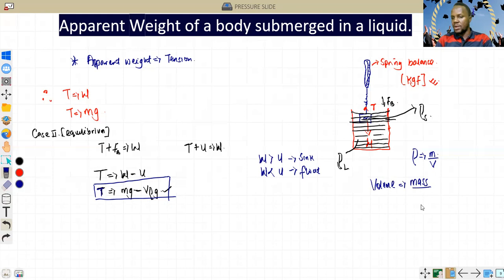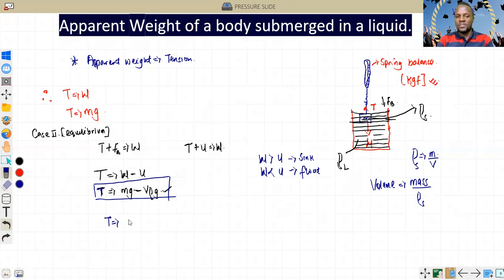The density we are talking about here, what are you submerging? Is it not the solid? You are submerging the solid. And because you are submerging the solid, it will be this. So volume is mass over rho S. What does rho stand for? Density of solid.